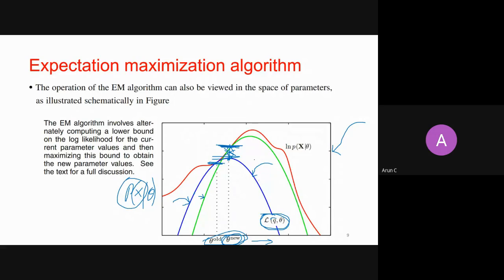So this L is a function and functional. Once you change your theta, this blue will change into green, and then you maximize over it. This is your new theta, and you keep on doing this till you come here. You maximize it and it will maximize till your local maximum, right?